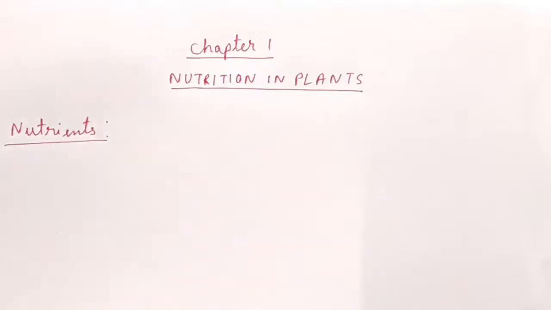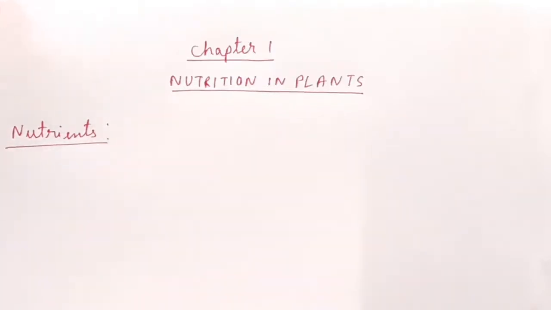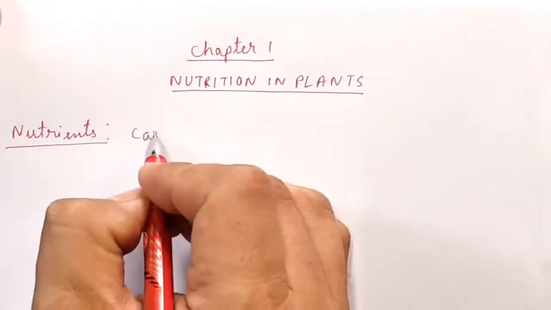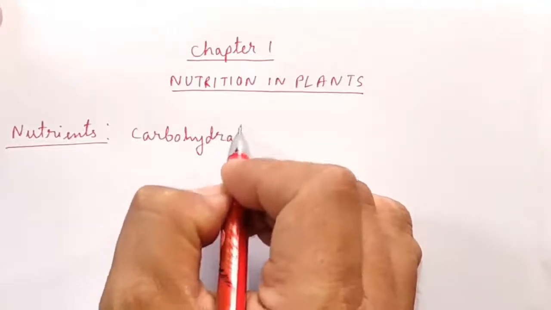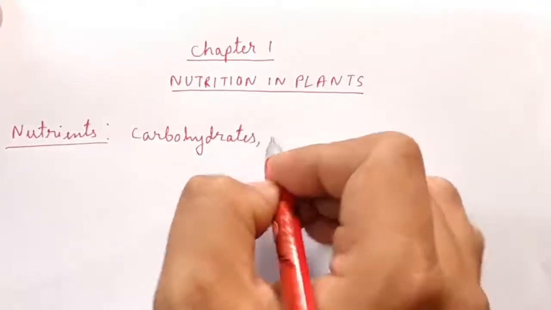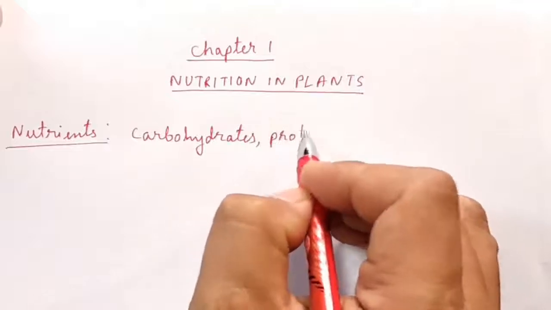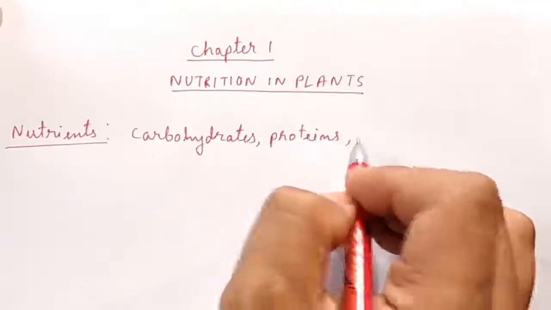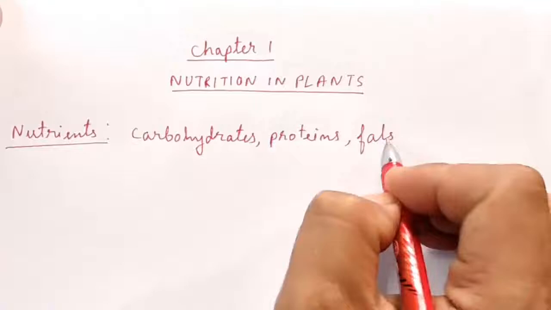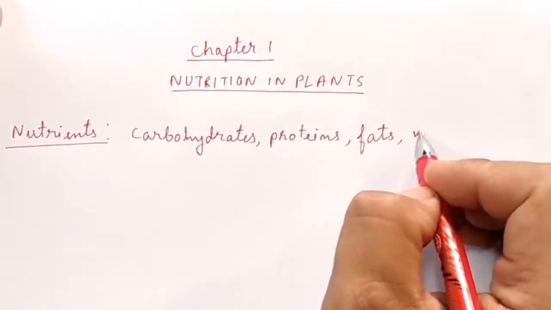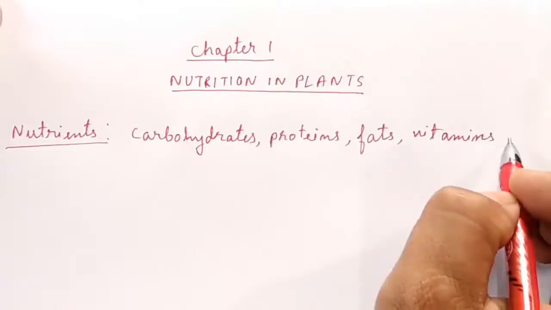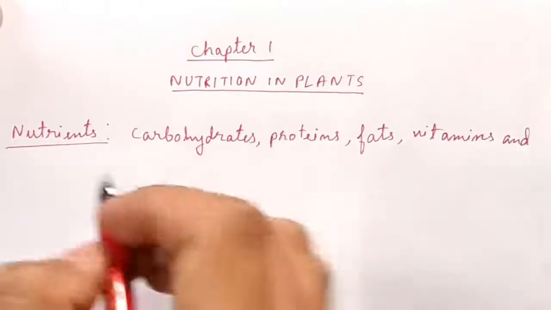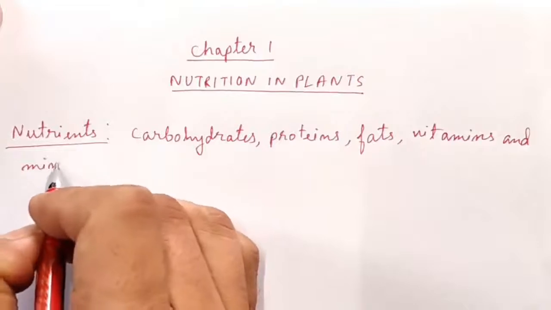So we can say the nutrients are carbohydrates, proteins, fats, vitamins, and minerals.